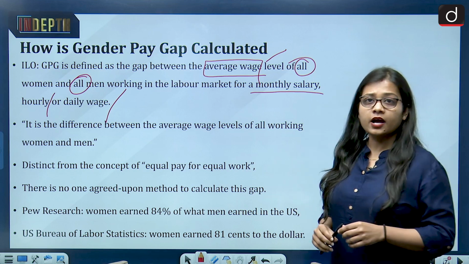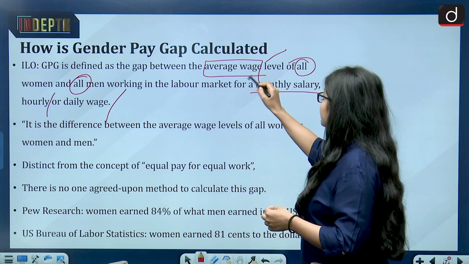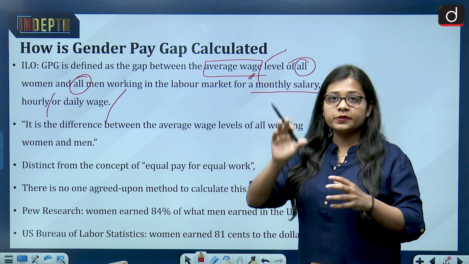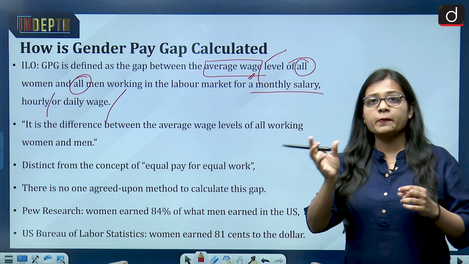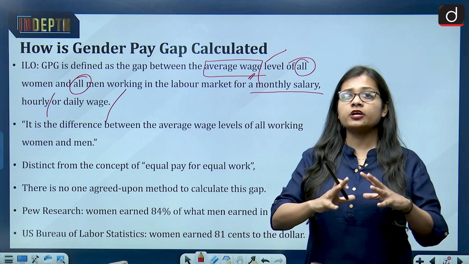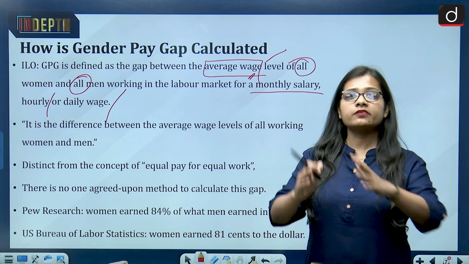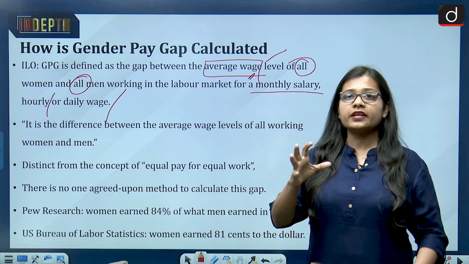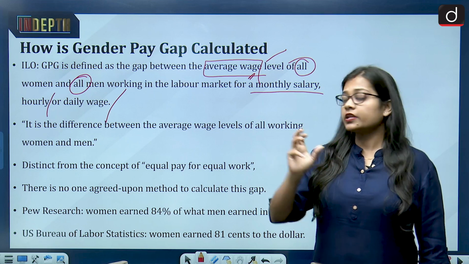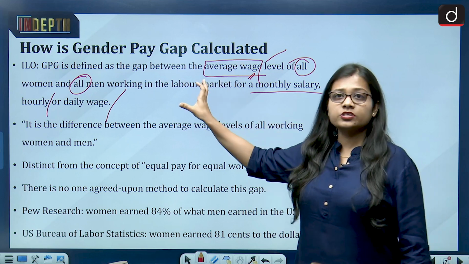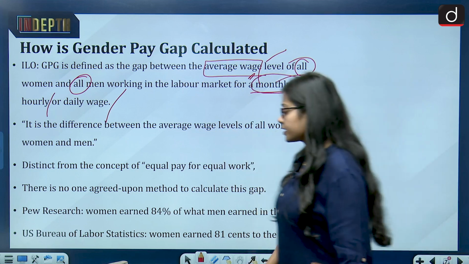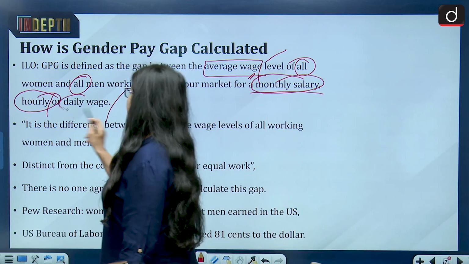This is talking about the average wage of all women and all men. It is not talking about a single male or female at a single position. It is talking about taking all females and all males and then taking the average. And when the ILO is talking about the average, it is with regard to the monthly salary, hourly salary or daily wages.